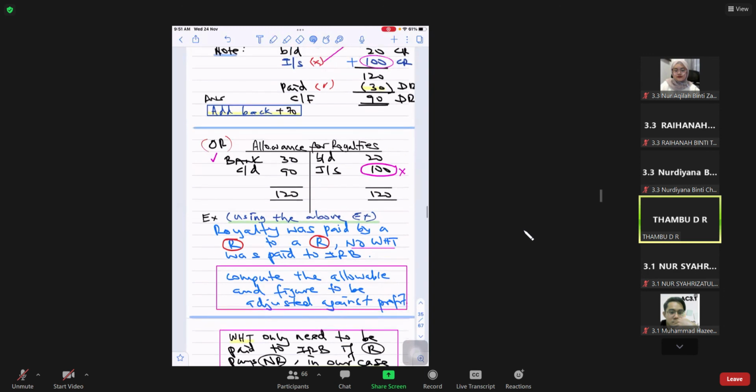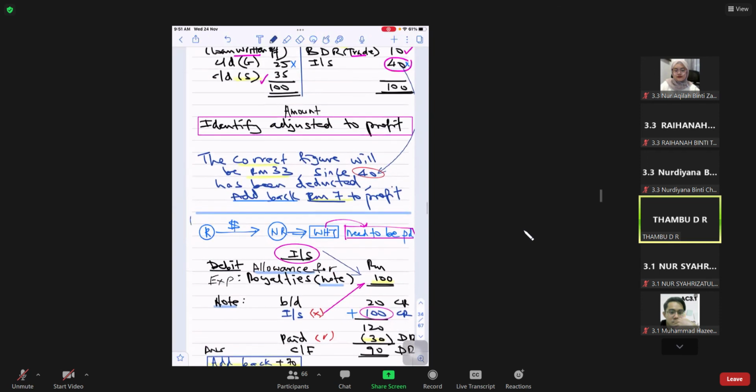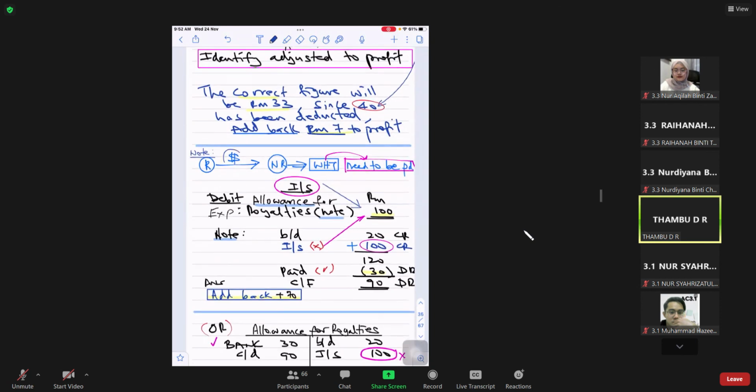Here the question tells you resident to non-resident. I'm giving you a note. For resident to non-resident, you must pay withholding tax. If you don't pay withholding tax, the payment will not be allowed. Any payment from resident to non-resident, if you pay in the form of money, is allowed in the income statement only if WHT is paid.